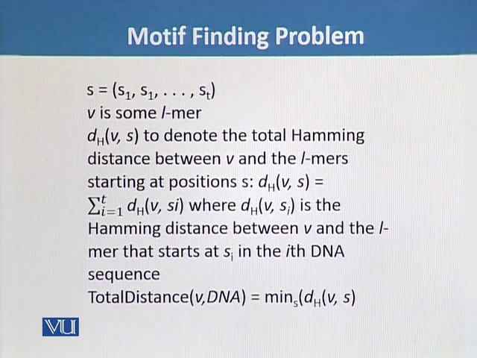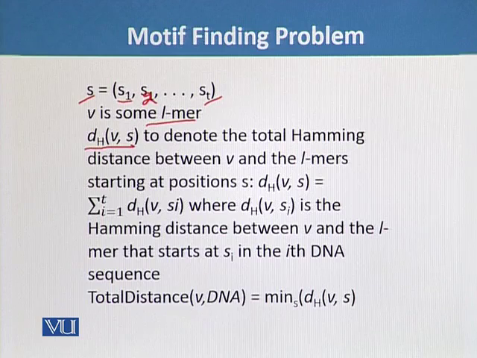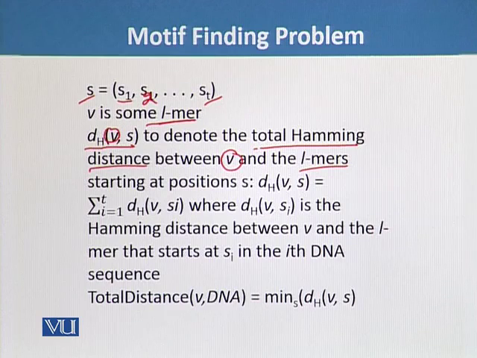Now suppose that S, the starting point in each of the DNA fragments, S1, S2 to St, is an array of starting positions in the DNA sequences, and V is the l-mer. We will modify this notation a little bit and use the Hamming distance d_H(V, s) to denote the total Hamming distance between V and the l-mers.